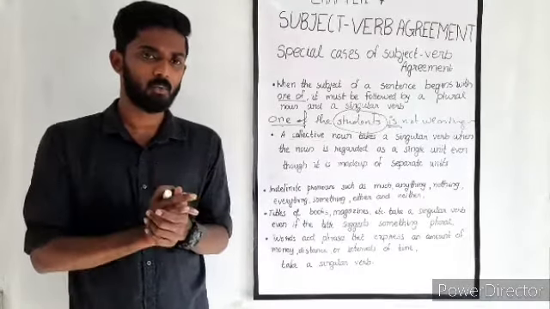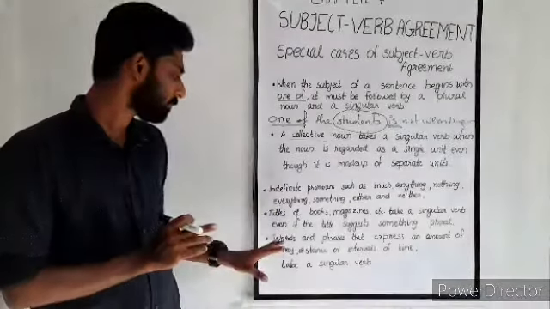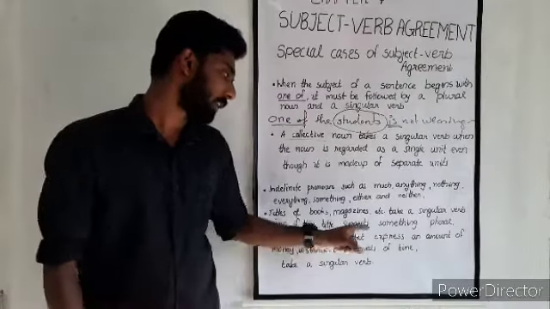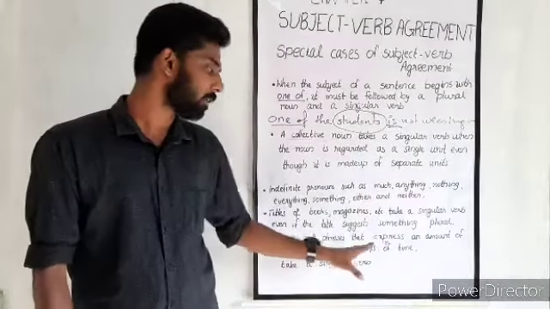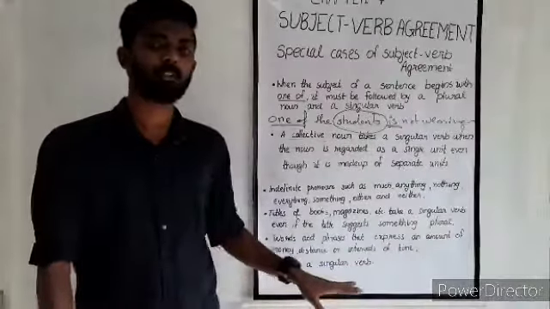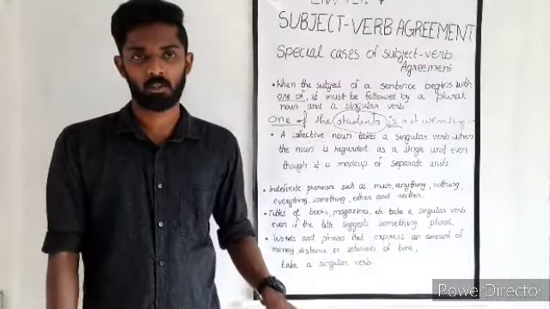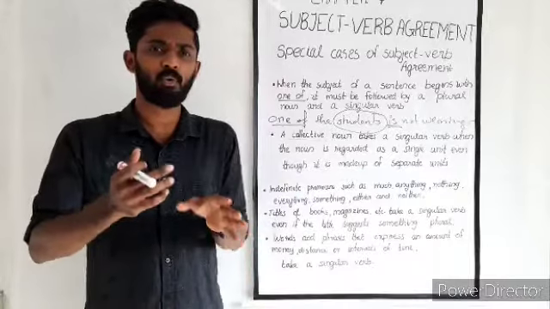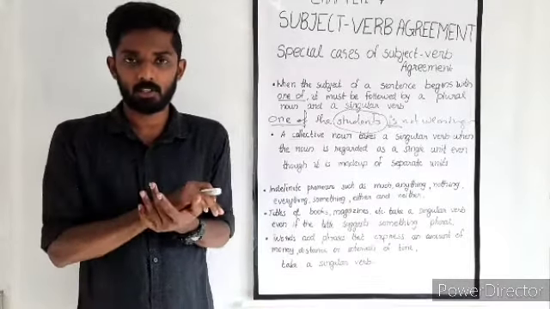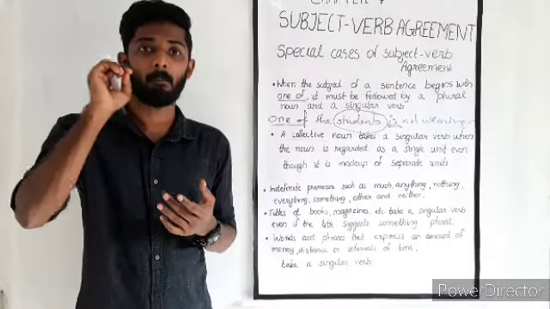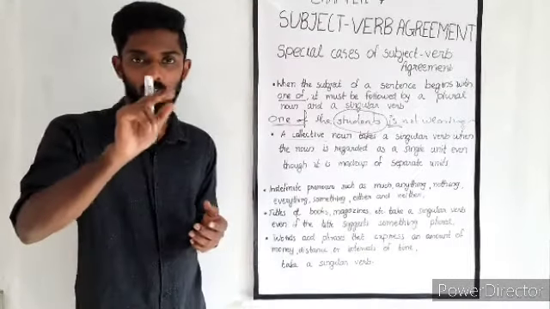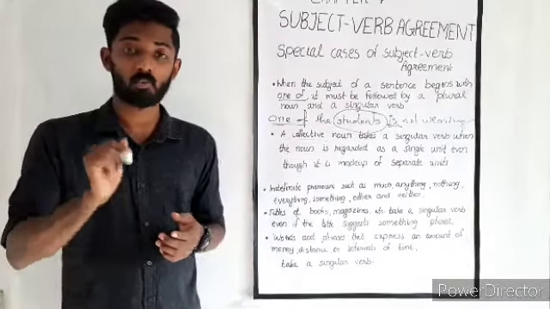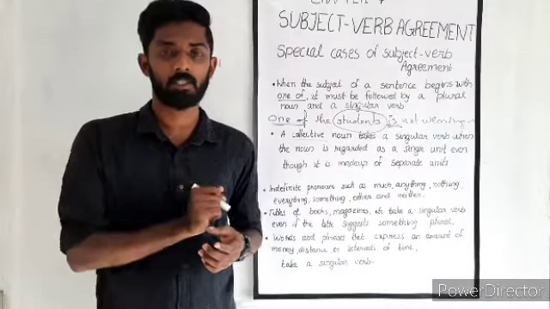The last one which we have to keep in mind is that words and phrases that express an amount of money, distance, or intervals of time take a singular verb. For example, do you think 50 miles is a short distance? We are not speaking about 1 mile, but we are speaking about 50 miles.